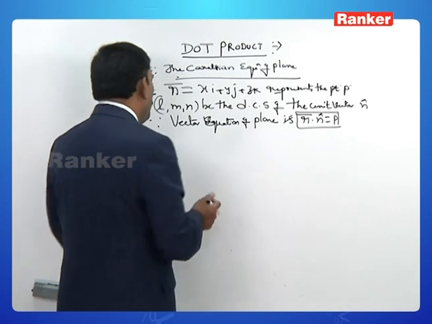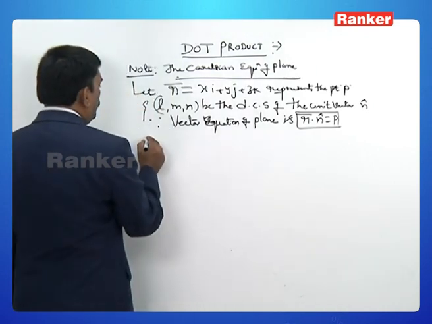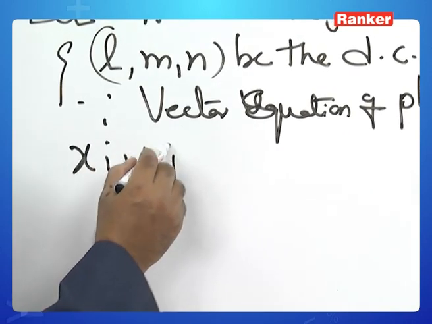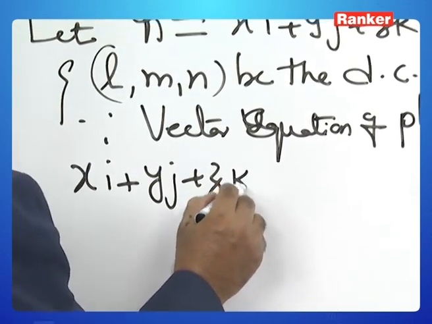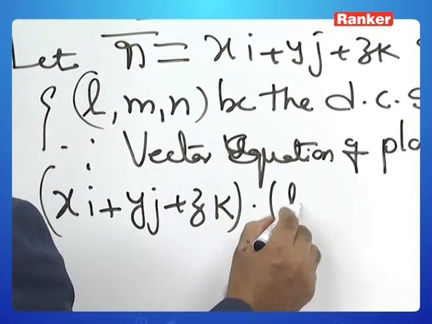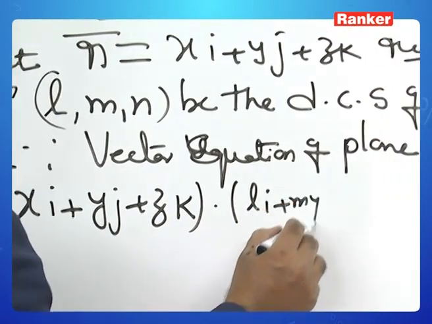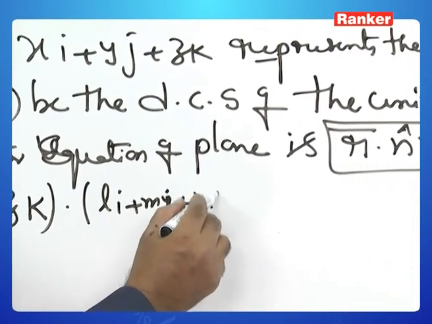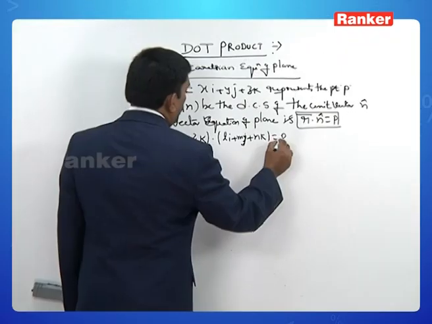So therefore, what I do is, r bar is xi, yj, zk dot li, mj, nk is equal to p.